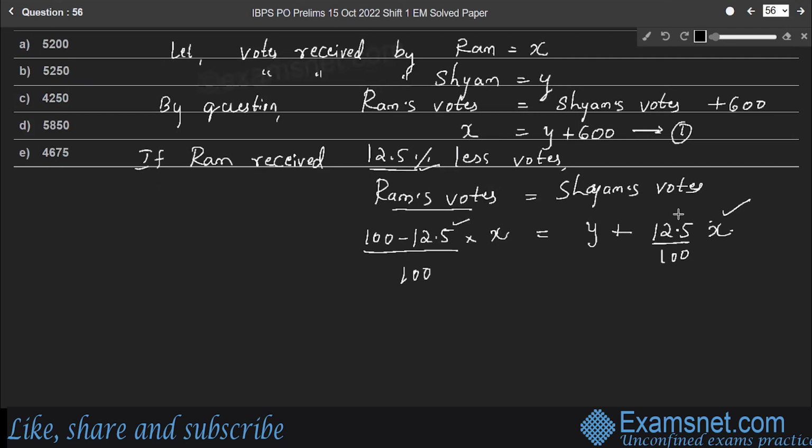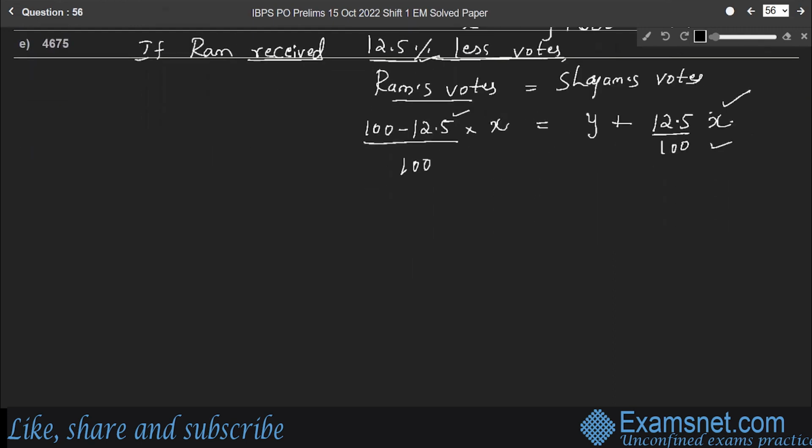But in the second case, if Ram had received 12.5% fewer votes, this lesser number of votes will go to Sham. Therefore, Y plus 12.5% of X. Simplify it. So you will get 87.5X by 100. So this 12.5X will go to the LHS.